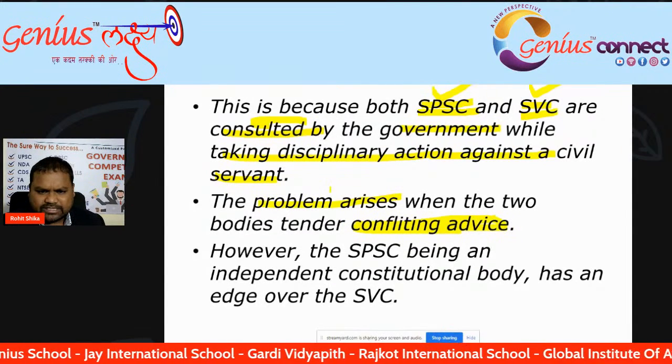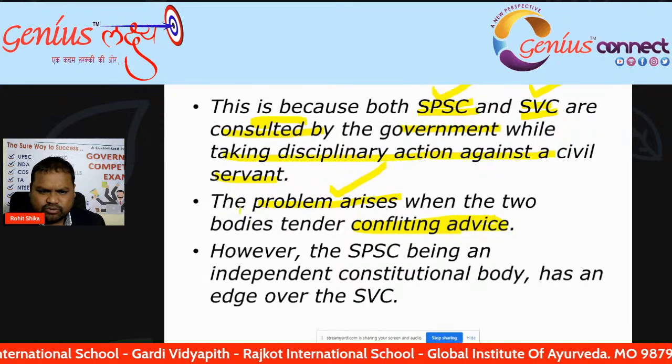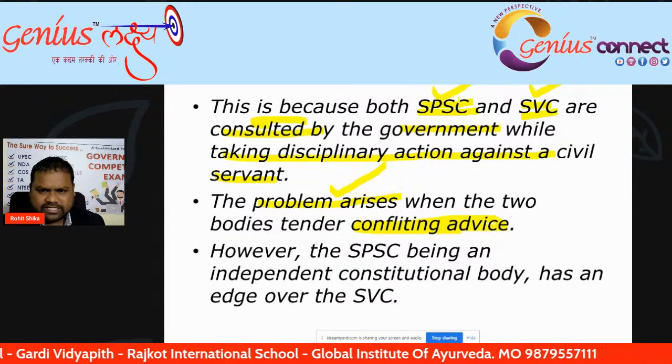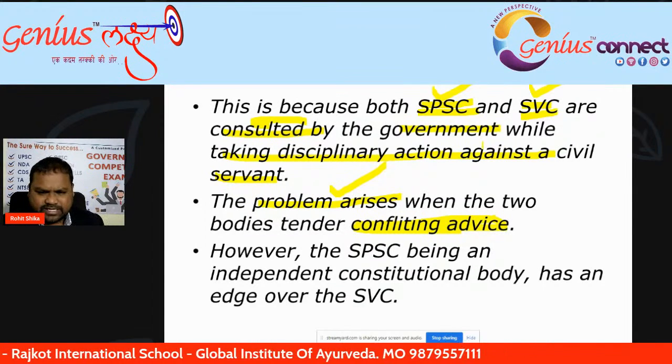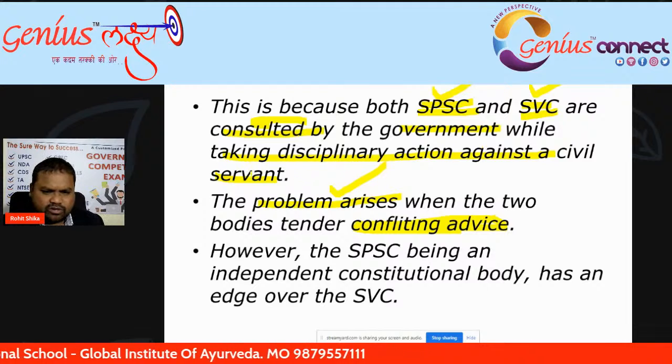So the problem arises when two bodies, SPSC and SVC, give advice to the government.